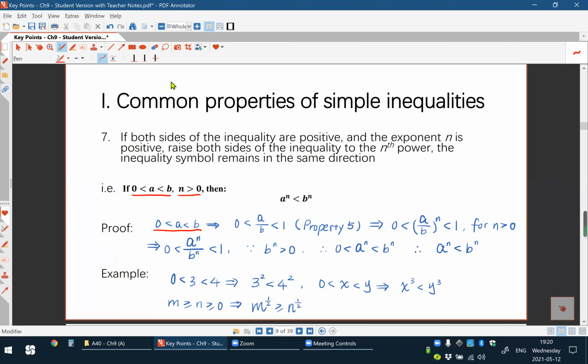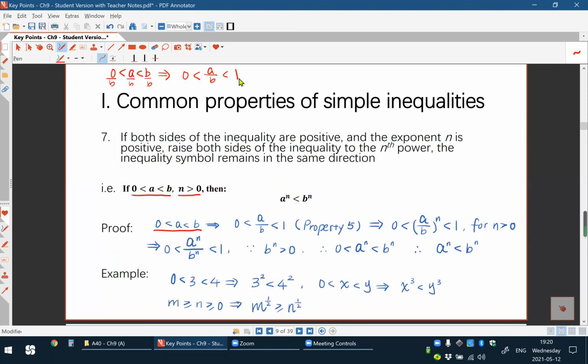So 0 < a < b. We divide both sides by b. That means we get 0 < a over b < 1, right? This is according to property 5. If we divide both sides of the inequality by a positive number, the inequality symbol does not change direction.